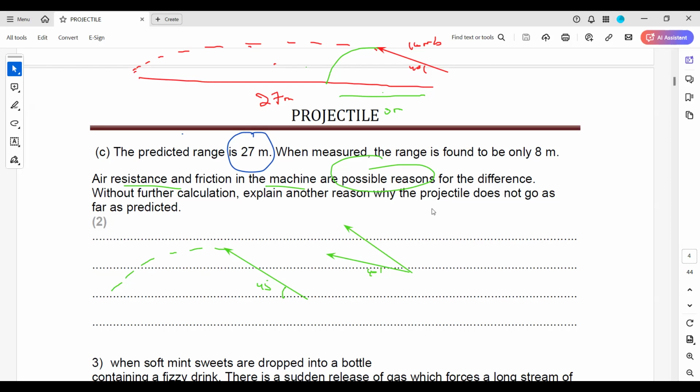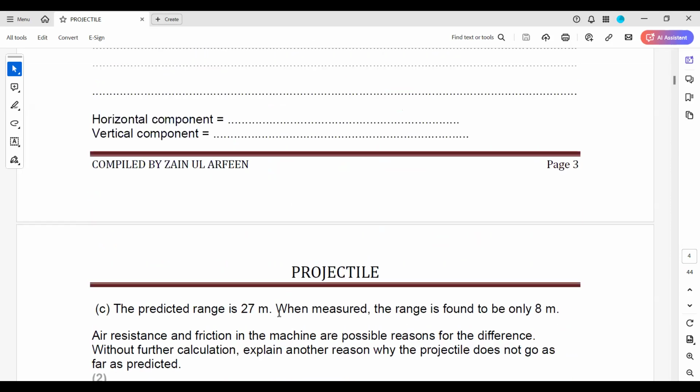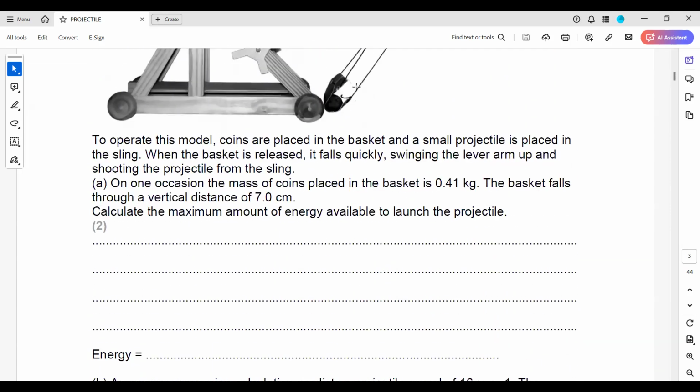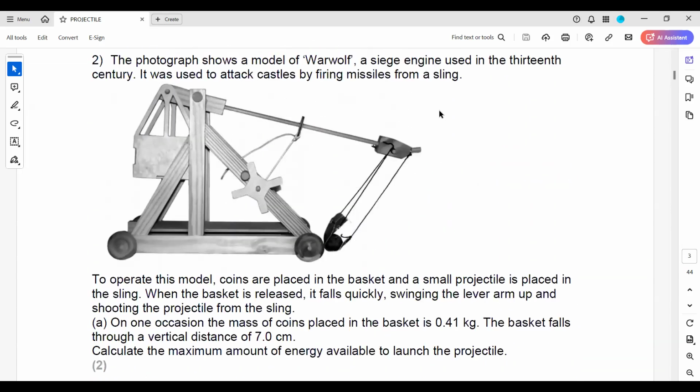Yeah, that is good. Many reasons are there. One is the speed might not be 16, or some of the energy, because we assume that when this is going down, it will have gravitational energy and this has kinetic. But what might happen is the projectile may not be launched exactly at this point.